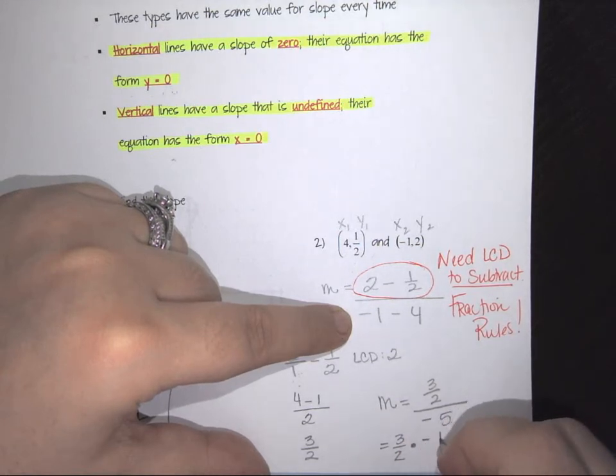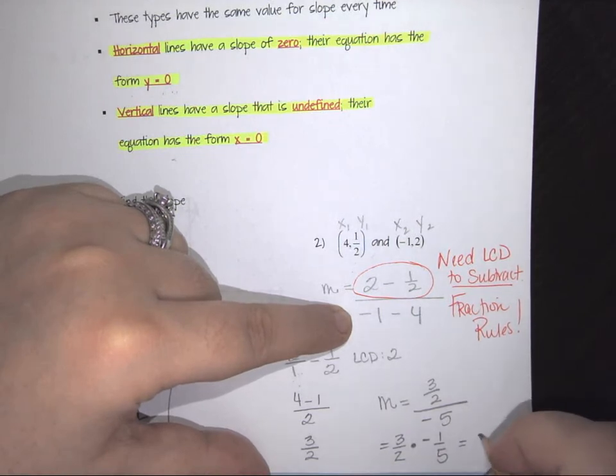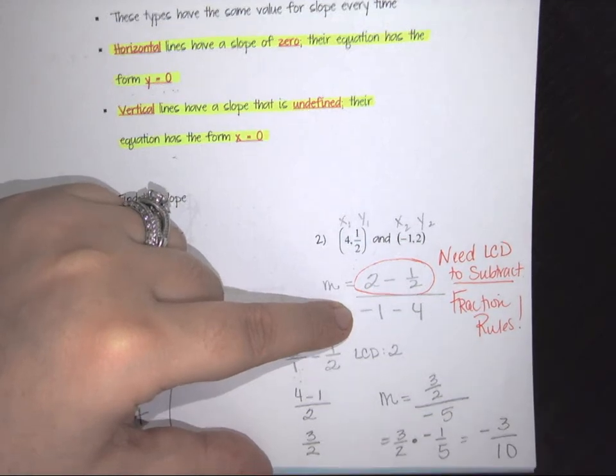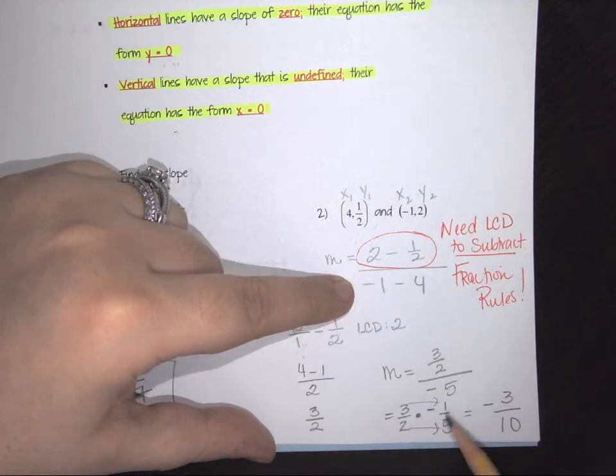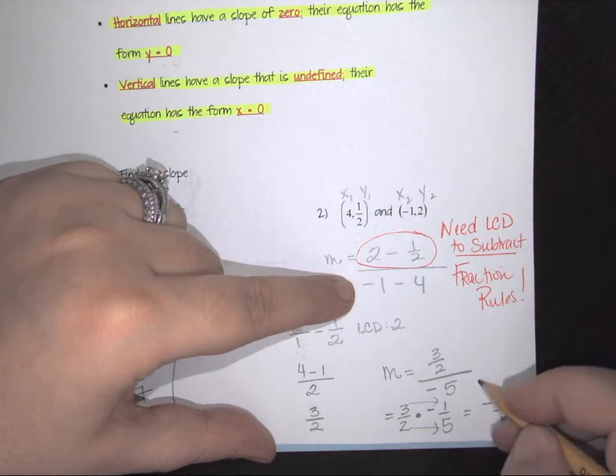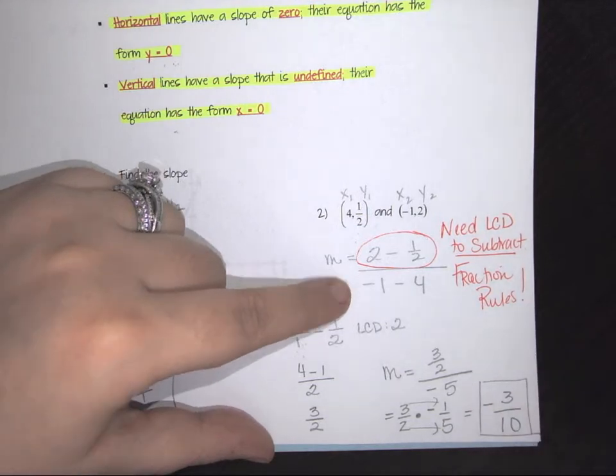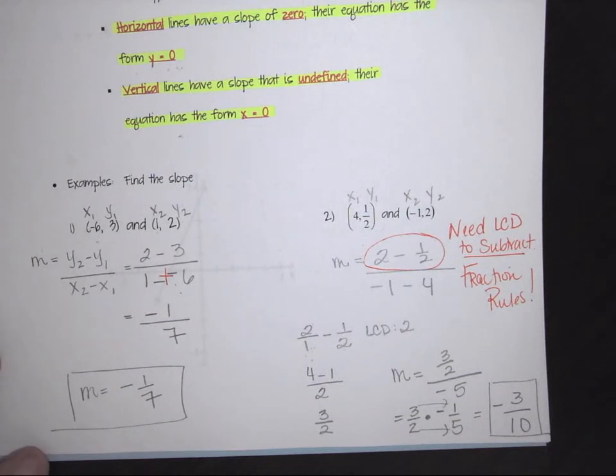So this is -1/5, which is going to give us -3 over 10, because your rules say you go straight across the top and straight across the bottom. And since nothing simplifies here, we're done. So my slope is -3/10.